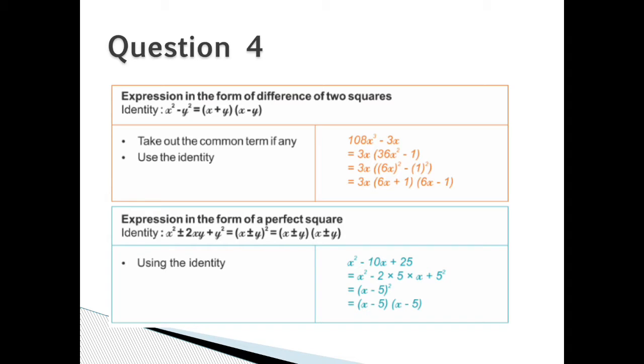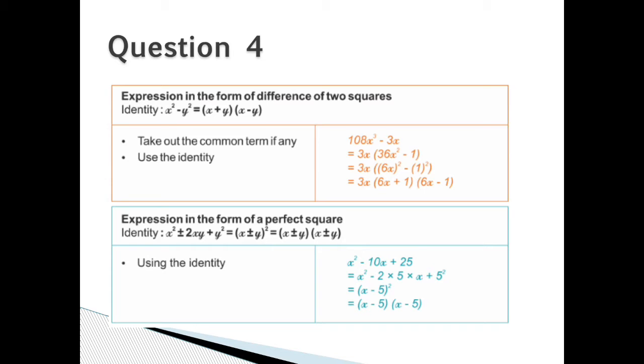For example, 108x cubed minus 3x is equal to 3x in brackets 36x squared minus 1. This can be broken down further, with 36x squared equaling (6x) squared and minus 1 equaling minus 1 squared. The final answer will be 3x(6x plus 1)(6x minus 1).